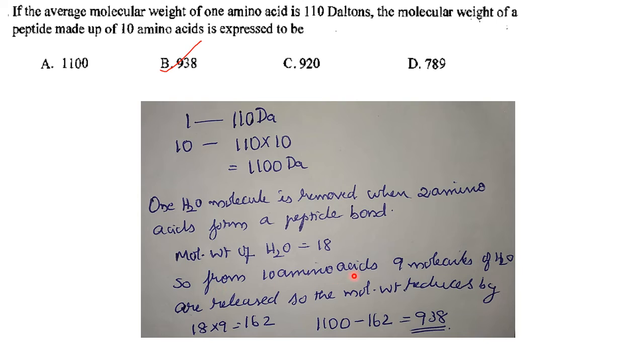So when 10 amino acids form peptide bonds, 9 molecules of water are released. So the molecular weight reduces by 18 into 9, that is equal to 162. So 1100 minus 162 will be 938. So the answer here is option B, that is 938.